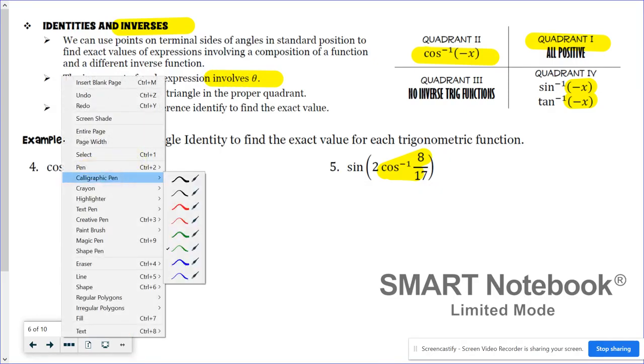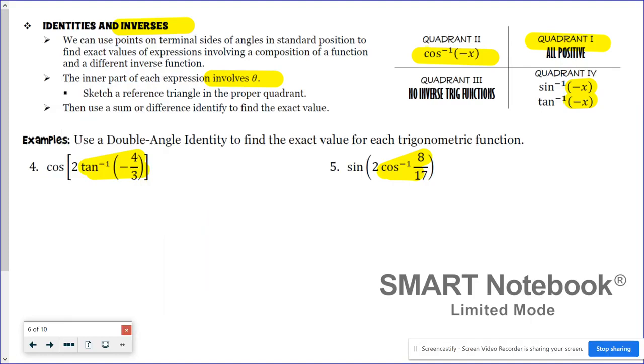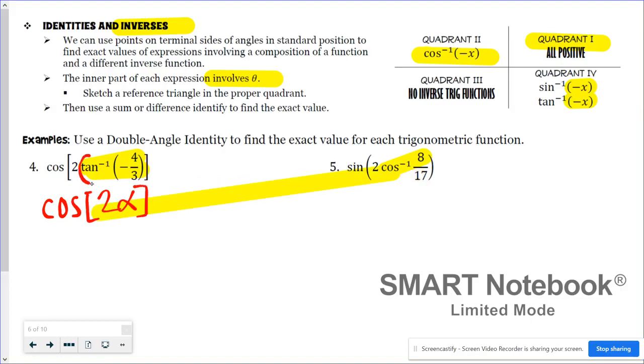So we can think of cosine of 2 tangent inverse of negative 4/3 as cosine of 2 alpha, where inverse tangent of negative 4/3, that's alpha, okay, and that's what we would draw. That's the reference triangle we would draw to represent our angle.